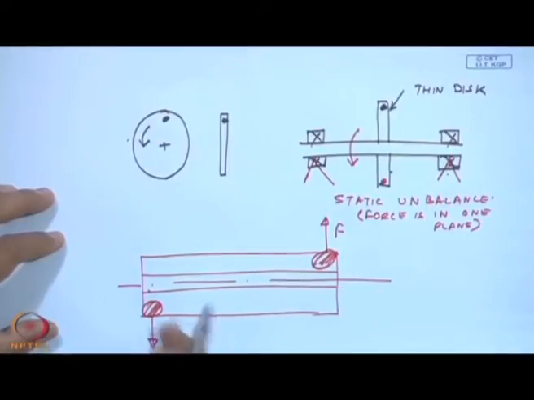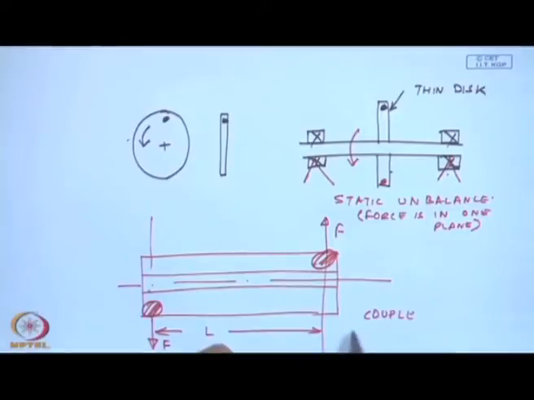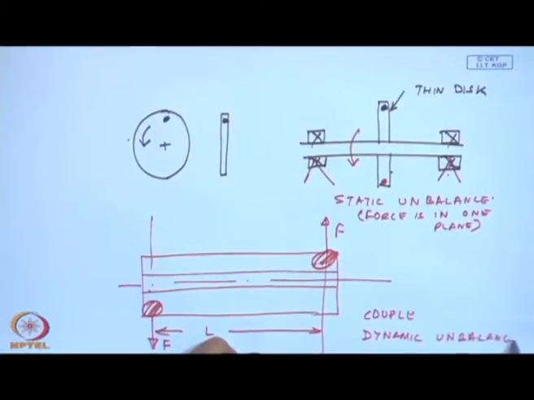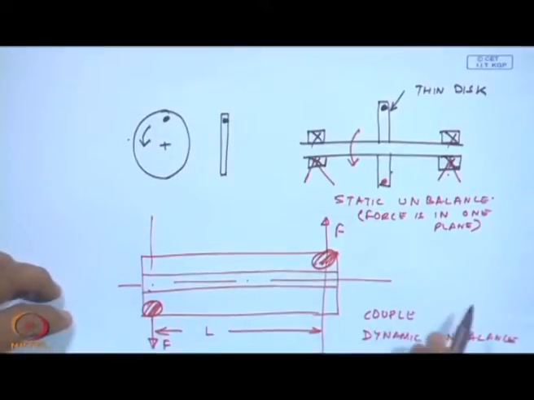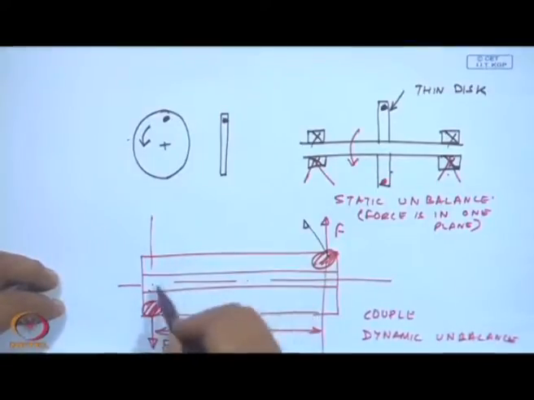But you see, because they are in different planes, they give rise to a couple. And this is what is termed as dynamic unbalance. In some books or some literature, they say this is a coupled type of unbalance, and then they have a dynamic unbalance where these forces are actually inclined to some axis.